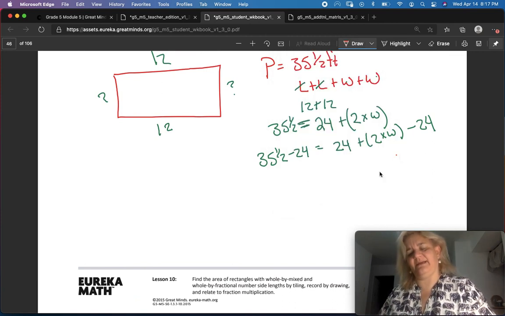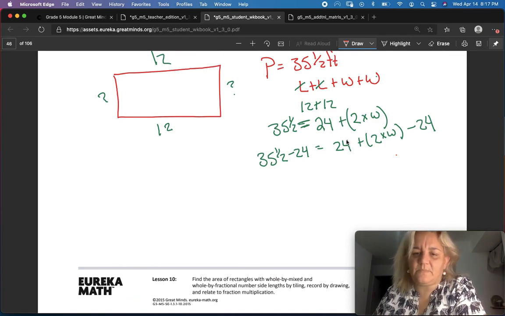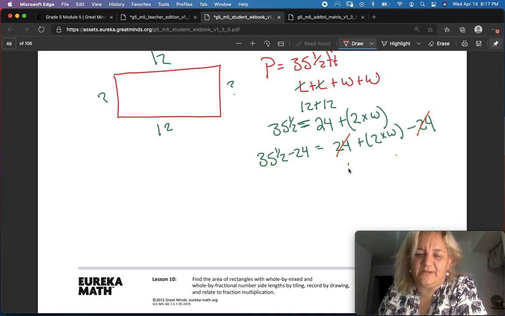I'm sorry, my writing is kind of getting a little crooked. This 24 and this 24 cancel each other out, don't they? 24 minus 24. And I'm left with just 2 times W. And on this side, I have now 35.5 minus 24 would be 11 and a half.